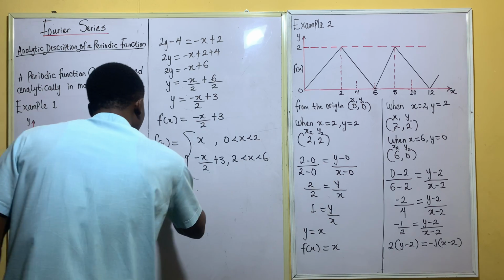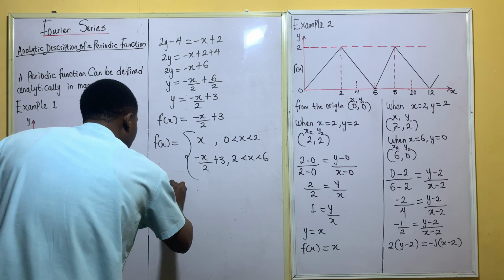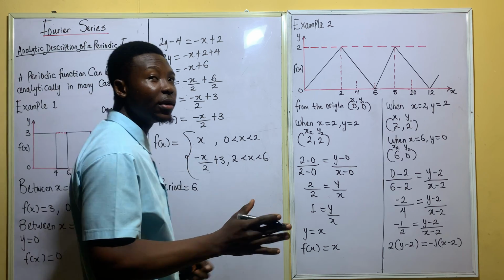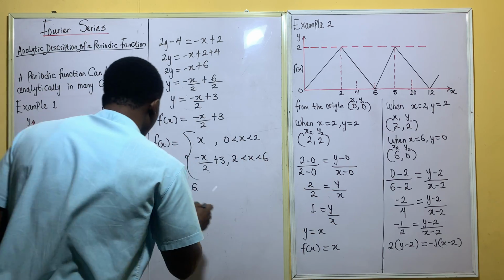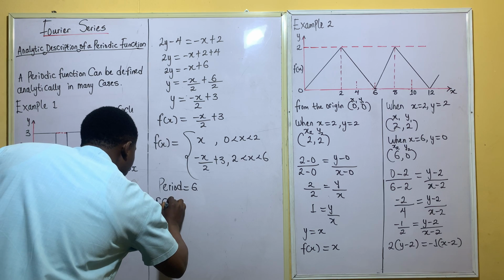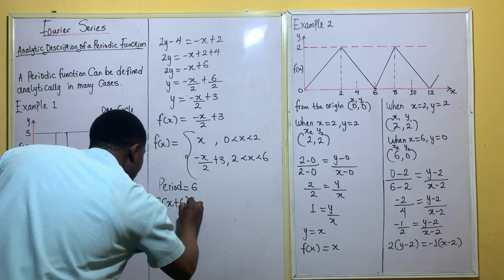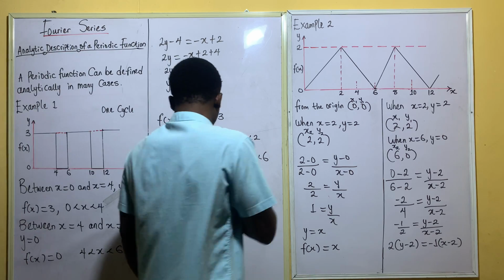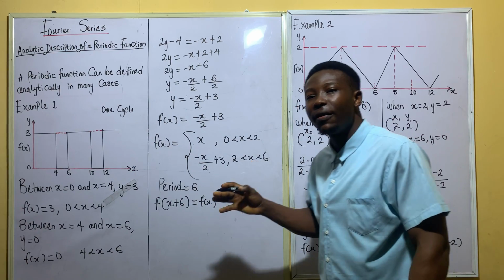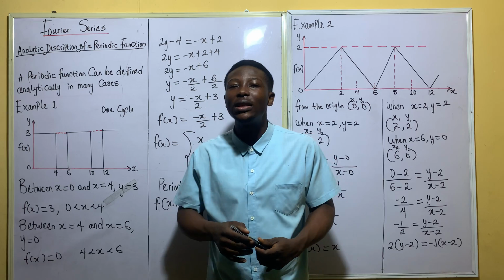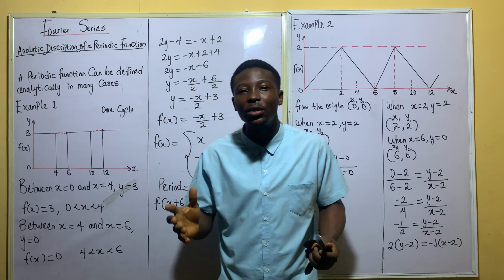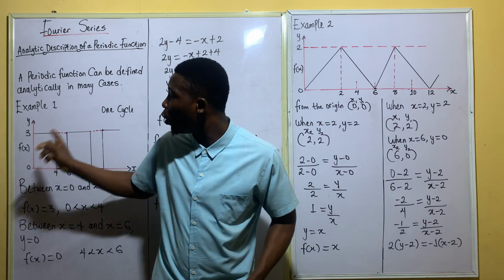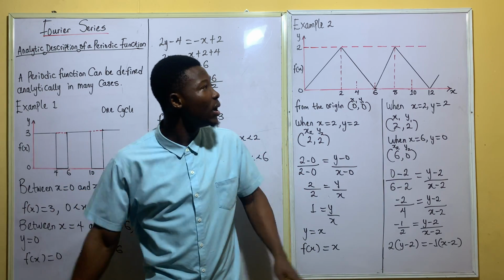So the period is equal to 6. So we can write it as f of x plus 6 is equal to f of x. So this is how to make the analytic description of this waveform, of this periodic function.